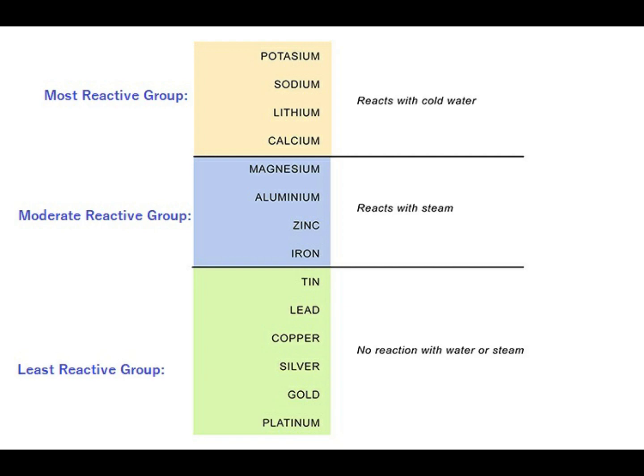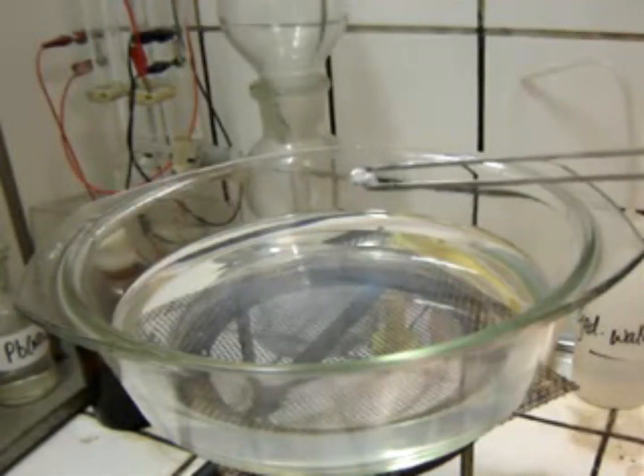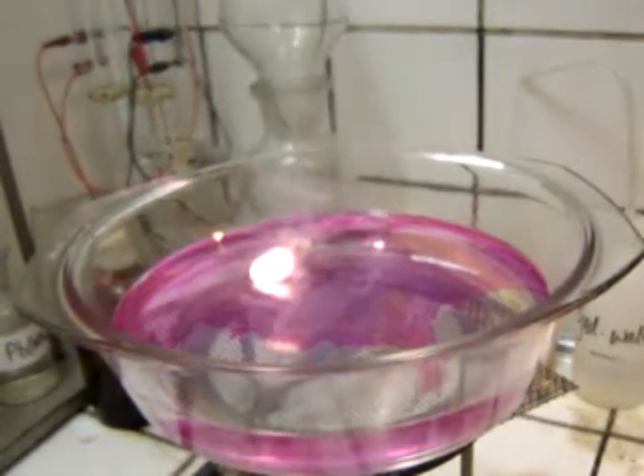These are mostly group 1 metals, including some group 2, and they are difficult to preserve because if you put them in open air, they react with air quickly and corrode away. If you place them in water, they react with water vigorously. Sometimes they catch fire. So they are usually placed in oil because oil is a very unreactive substance. They do not react with oil, so they are preserved in oil.